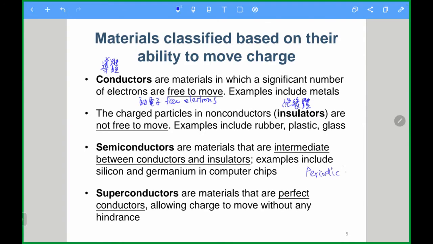In the periodic table, on the left side there will be metals, and on the right side there will be insulators, something like oxygen or gases. In between there are some semiconductors.